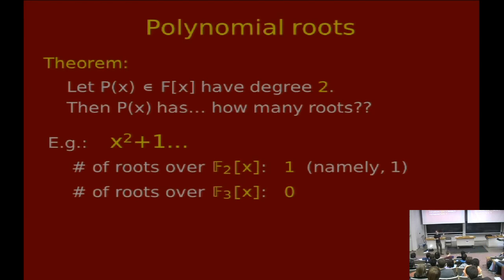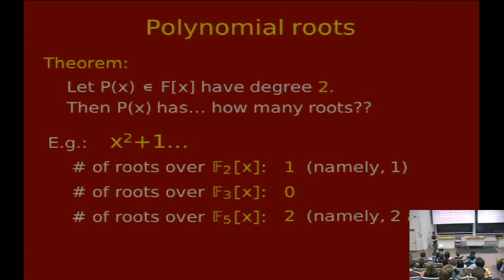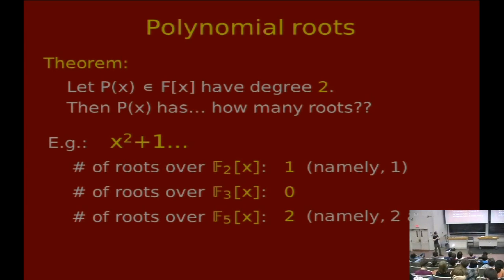So actually there's 0. Okay, what about mod 5? Yes, apparently it's 2. So you can check that 0 and 1 and 4 are not roots, but 2 is a root because 2 squared is 4 plus 1 is 5, which is 0 mod 5. And 3 squared plus 1 is 10, which is also 0 mod 5.